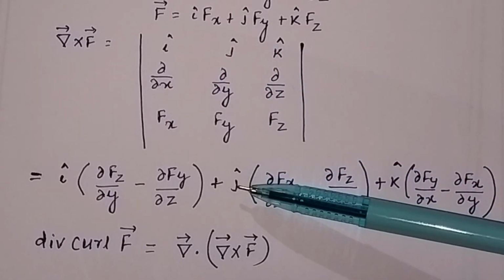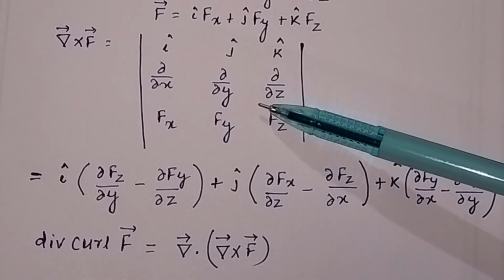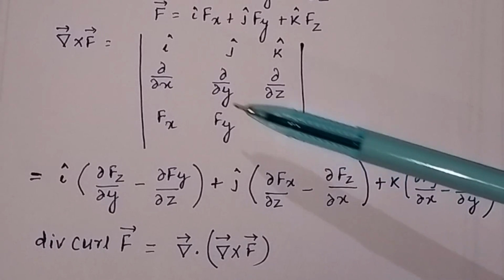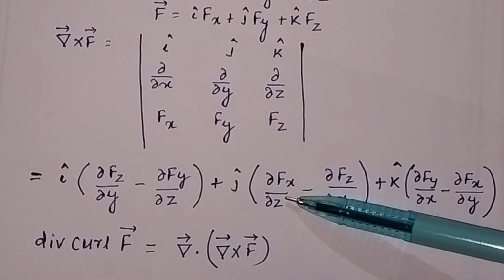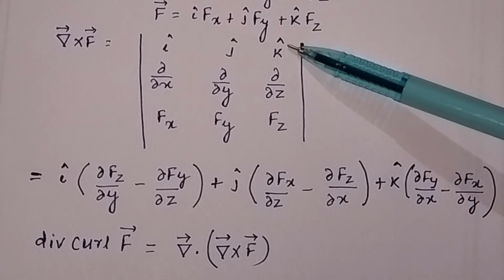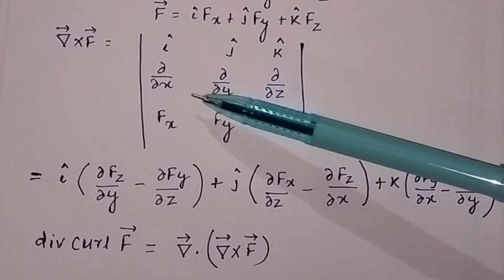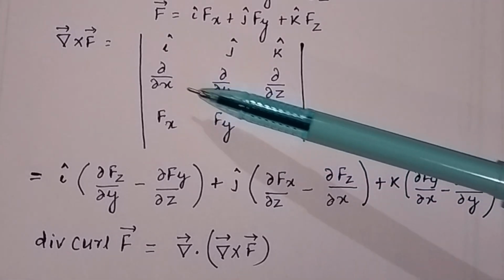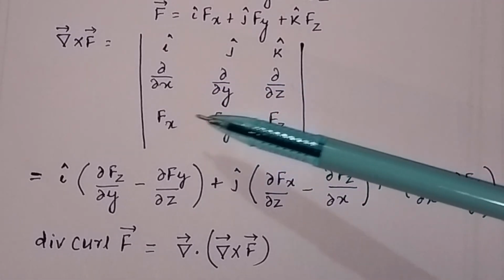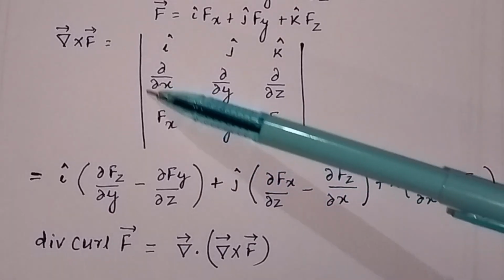So plus j cap, partial derivative of fx with respect to z minus partial derivative of fz with respect to x, the second term. And for the third term, that is the term k cap, you leave this column and this row. So partial derivative of fy with respect to x minus partial derivative of fx with respect to y. So this is del cross f.